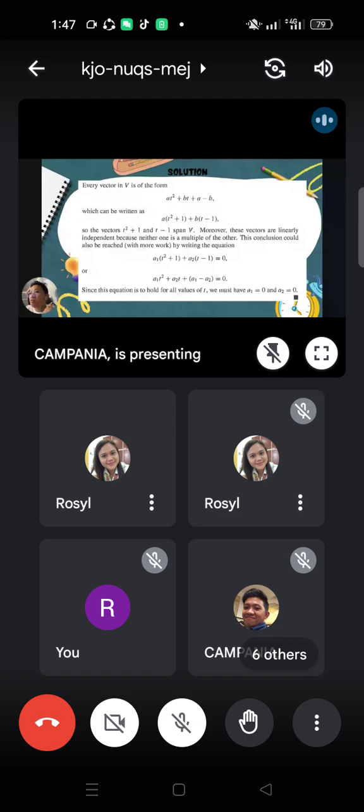This conclusion could also be reached by writing the equation in this form, where a1 times the quantity t squared plus 1 plus a2 times the quantity t minus 1, or a1 t squared plus a2 t plus the difference of a1 and a2.